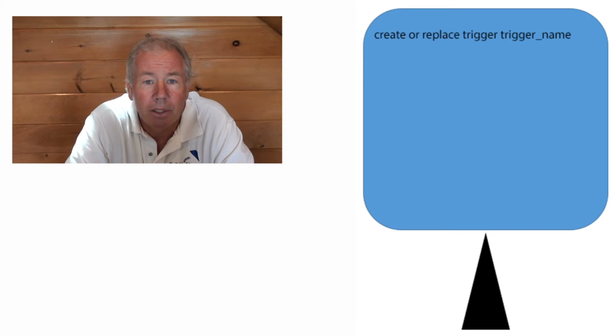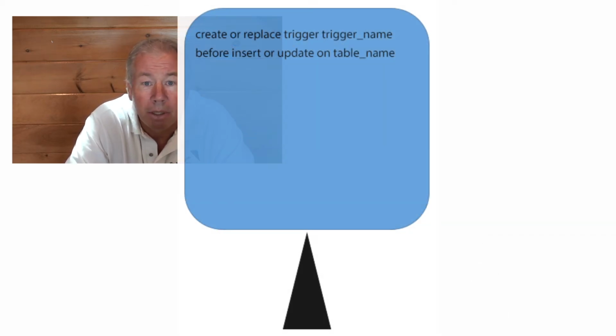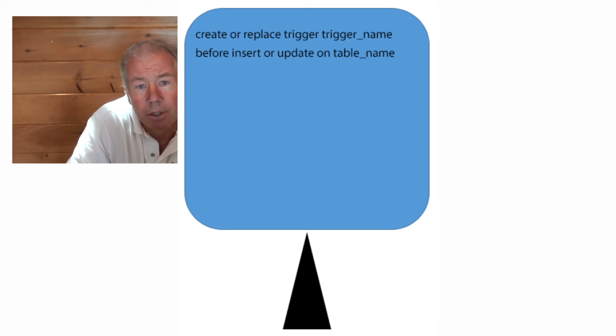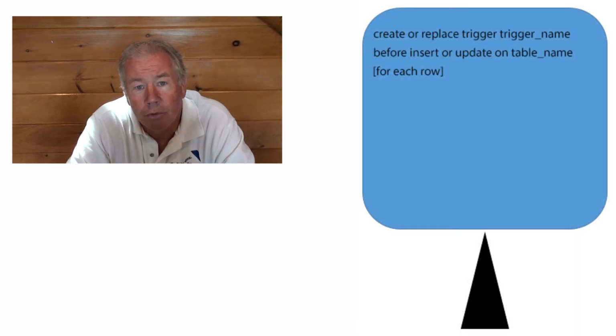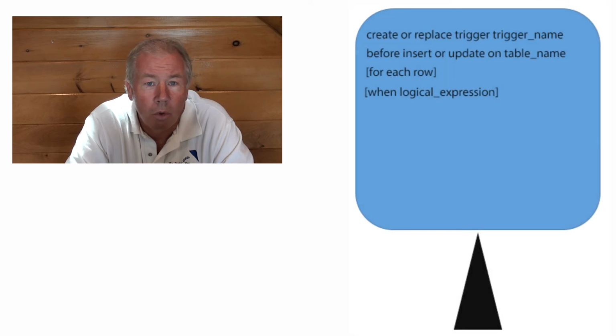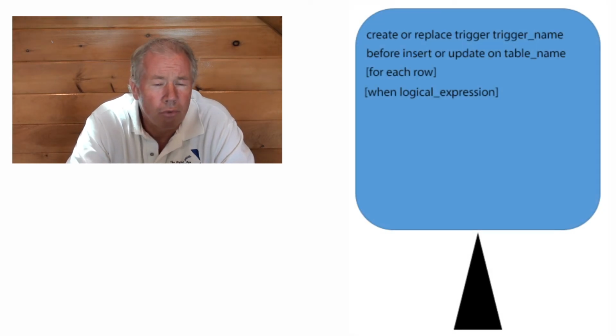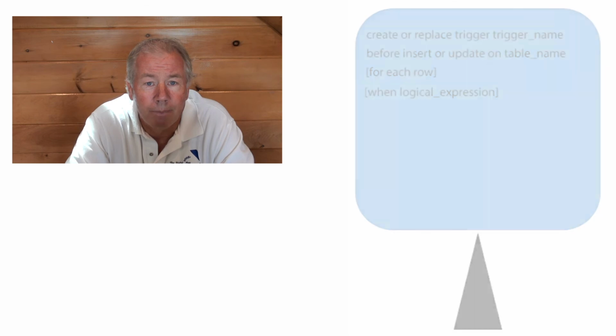Create or replace trigger name. Easy enough. Before or after, insert, update, delete, or update of column list. Optional for each row. Optional when logical expression. Real straightforward stuff, and something, quite frankly, you just got to put to memory. But it's not a bad deal. Not a bad deal at all.